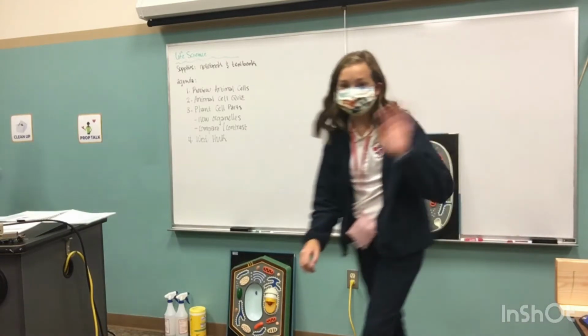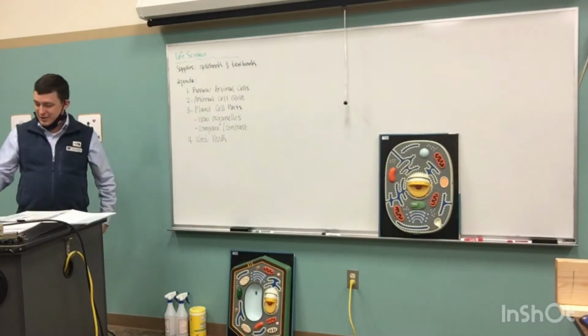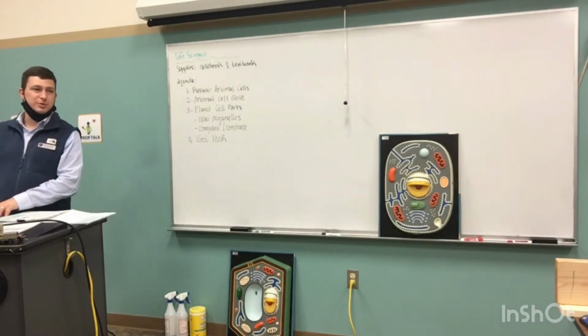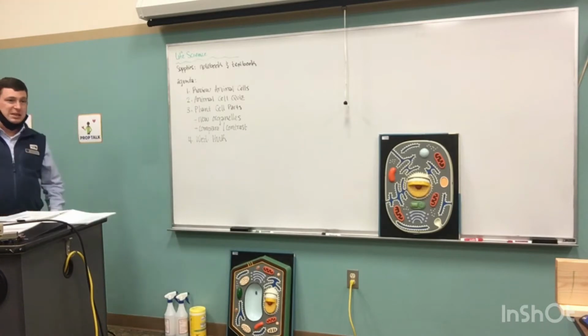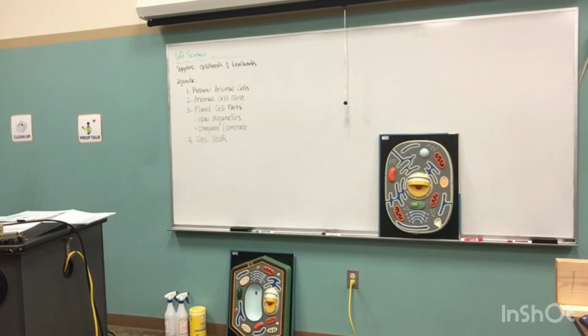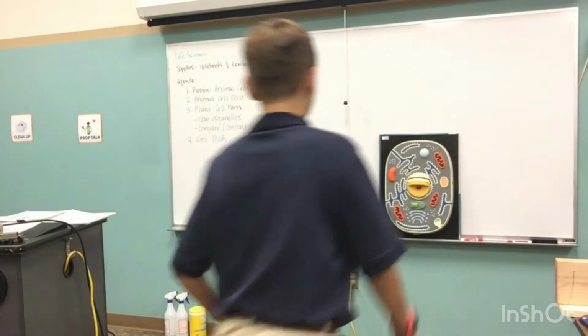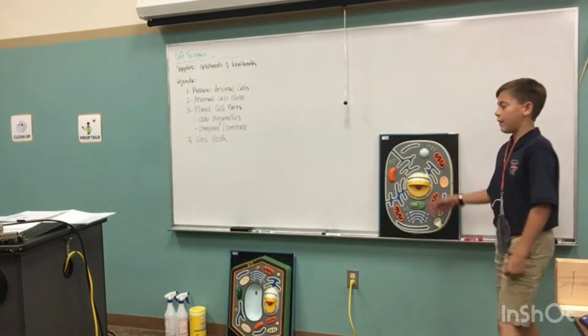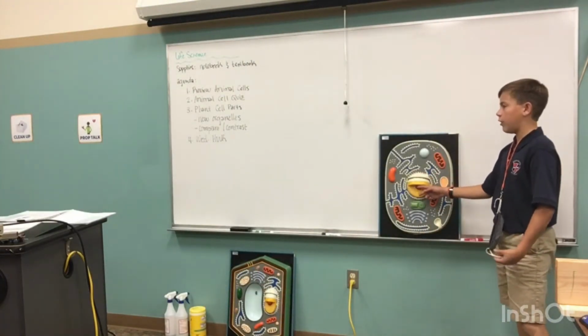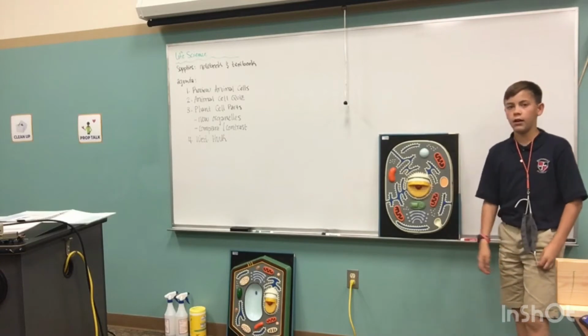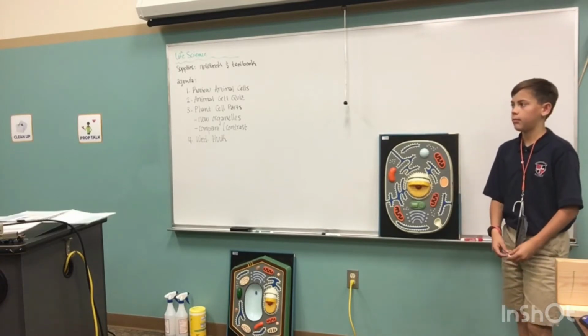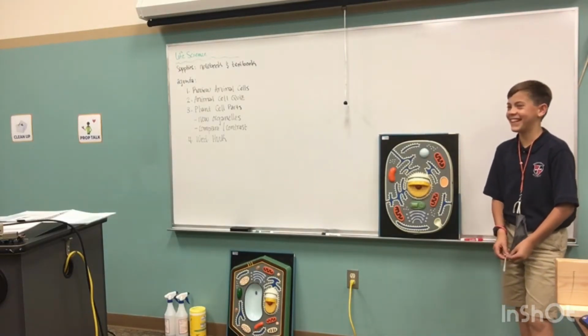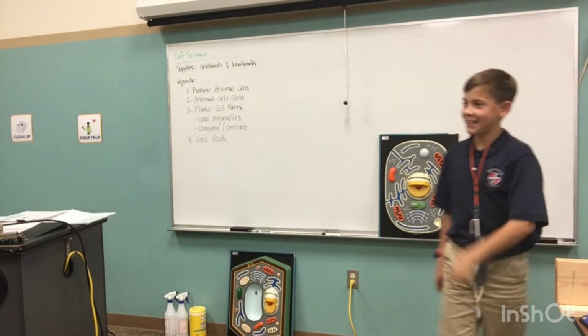All right, next randomly selected person is Tyler Nelson. Take one for the team. So this is the nucleus, and inside of the nucleus are the chromosomes. Whoa, did you just give us 2? Tyler, he's trying to steal our thunder here.